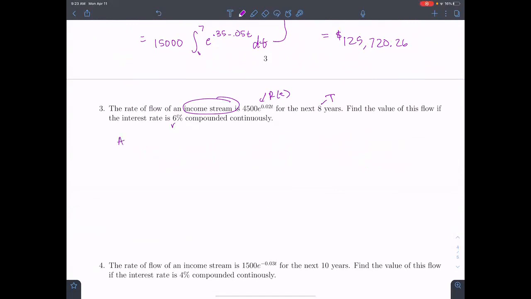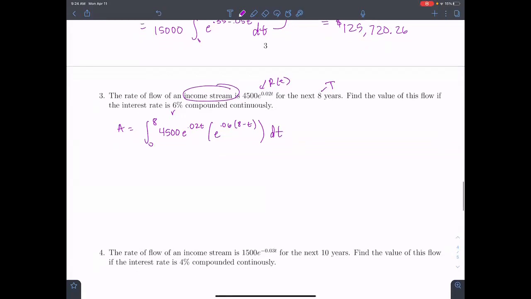So we're looking at A is going to be the integral from 0 to 8 of that income stream. So R of T times e to the r times big T minus little t dt. So pulling that 4,500 out.